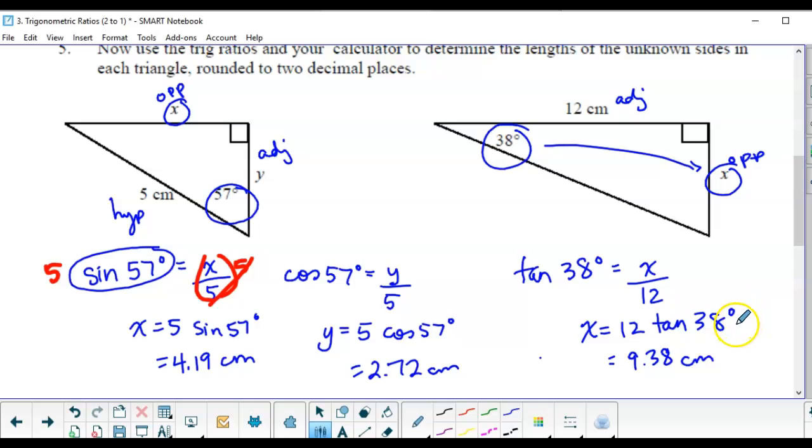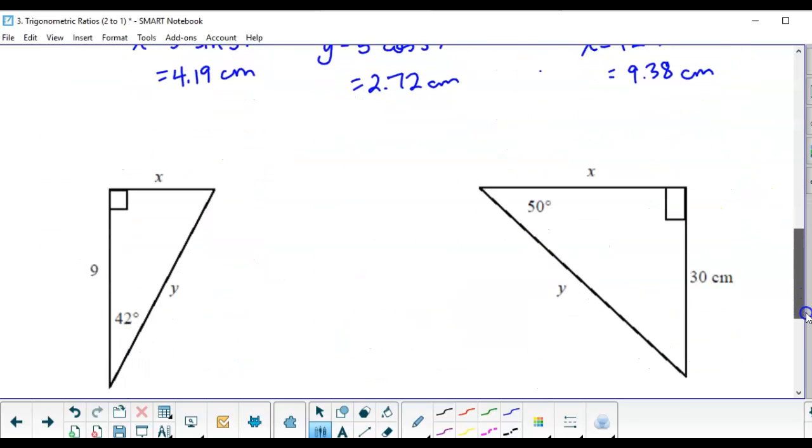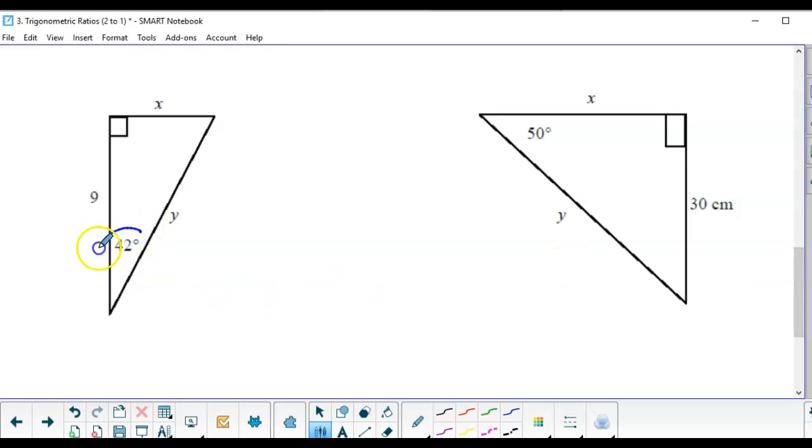Okay, now this is, yeah, that's proportional, right? That side should be smaller than the 12 based on my diagram. So some of our diagrams are a little bit off, but that makes sense. Okay, next one here, 42. We want to find both x and y. So this is your hypotenuse, this is your adjacent, and this is your opposite.